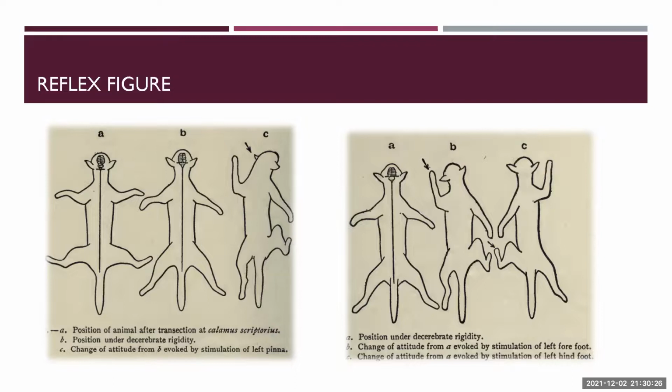And in picture C, when the stimulation is given in the hind limb, first the response is produced in the crossed hind limb and the tail, then the homonymous forelimb and the flexion of the crossed forelimb. So what happens is that when a stimulation is given, the response is produced in a particular attitude. That is known as reflex figure.